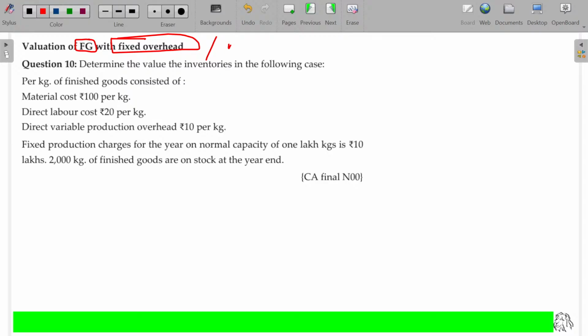Fixed overhead will be divided by whichever is higher of actual capacity and budgeted capacity, actual production or capacity of production.